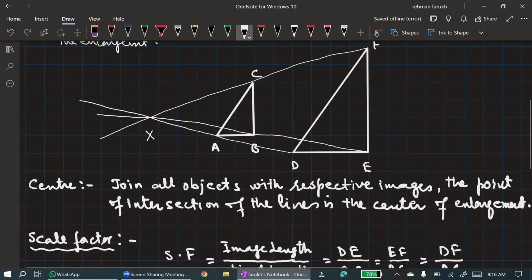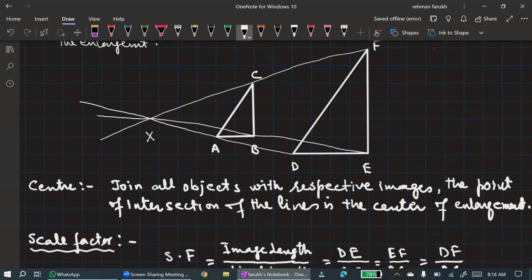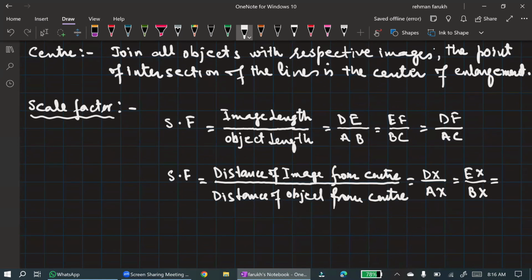Similarly, for F and C, FX over CX. In both ways, we can find out the scale factor of the enlargement.